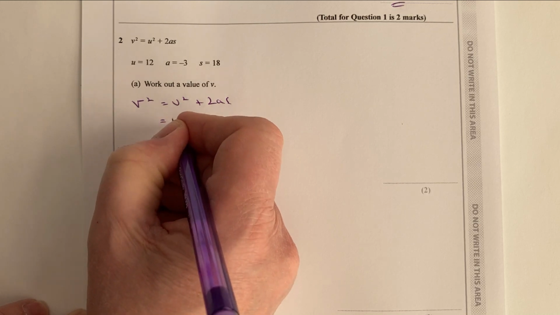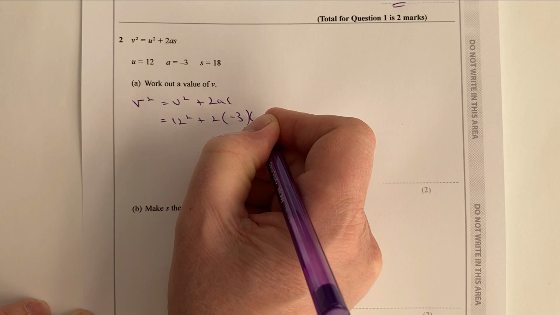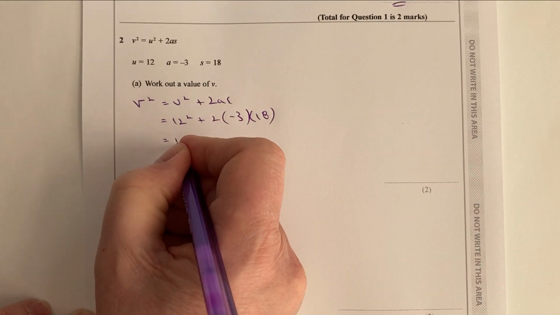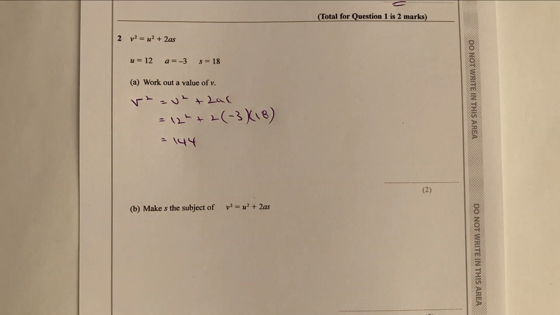U is okay, that's going to be 12 squared plus 2, brackets minus 3, brackets 18. Well, 12 squared is 144, but my problem is going to come about where I've got 2 times minus 3, which is minus 6, and then minus 6 times 18. Well, it means then that I'm going to have a negative result.